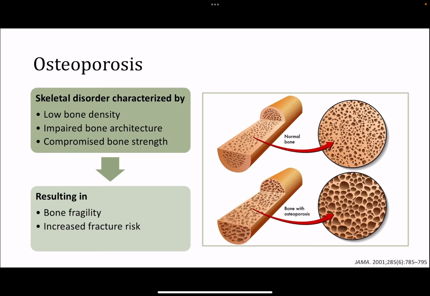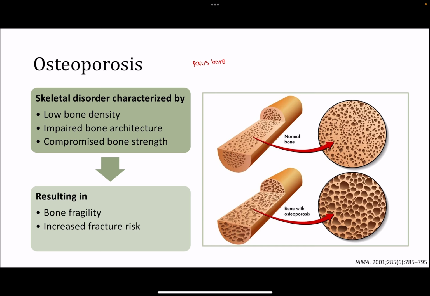Let's start with the basics. Osteoporosis means porous bone, which is characterized by low bone density, impaired bone architecture, and compromised bone strength. As a result, there is bone fragility and an increased fracture risk.